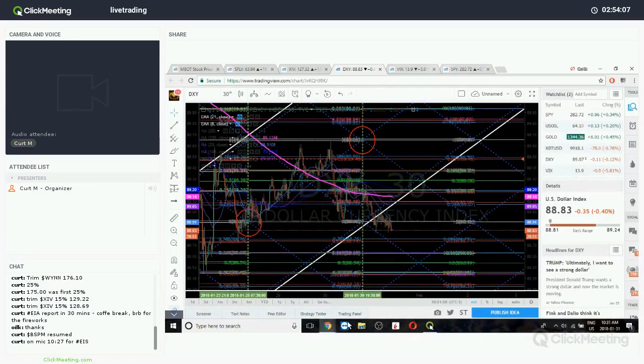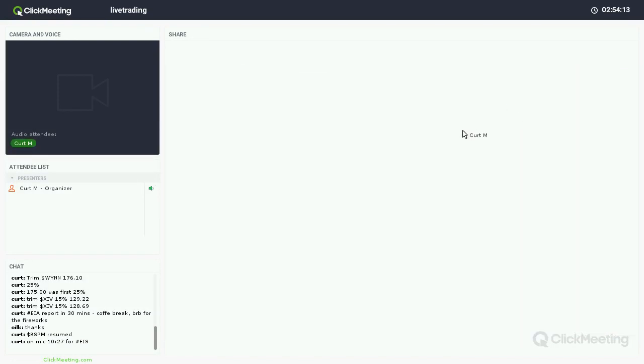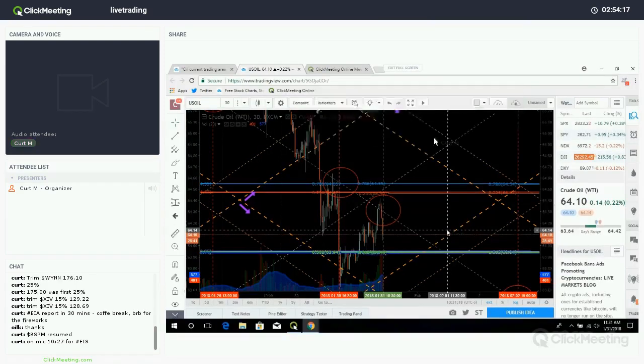Now, back to the oil room here. So oil's still under pressure, just under the target. Doesn't look like there's a bunch of short covering here. Continued pressure.